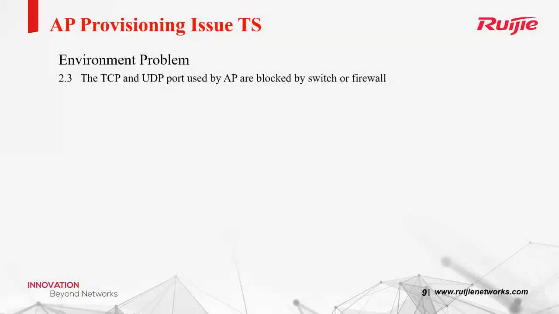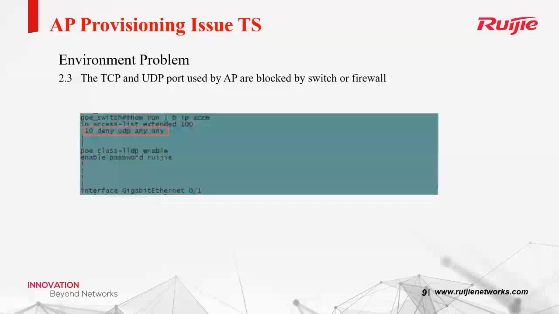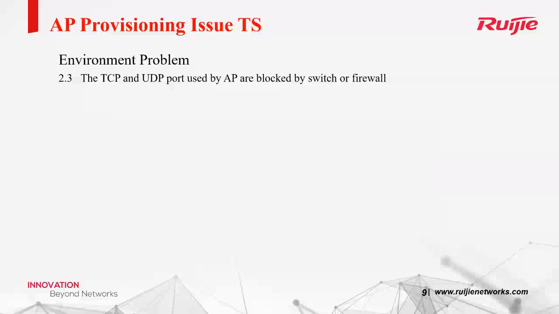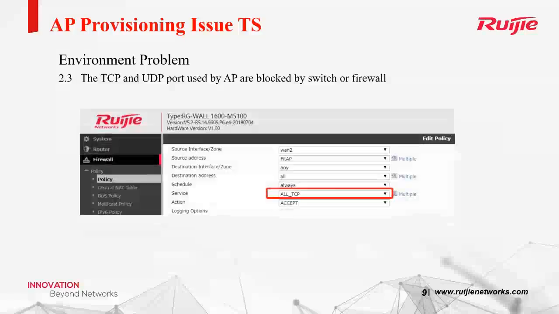How to check it? You can run a extended IP access list command on the switch to check whether there are ACLs blocking UDP or TCP ports, and then log into the firewall.